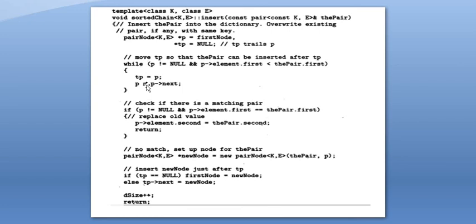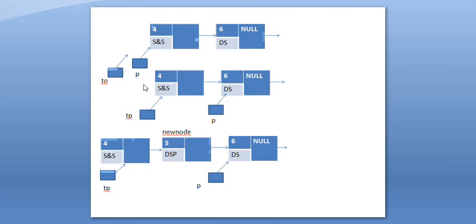So TP becomes P. TP was pointing here; make TP point where P points, and update P, which was pointing here, to point to the second node. So TP will be pointing to the first node and P will be pointing to the second node. As we discussed, TP should be trailing P by 1 unit, and that's what is happening.